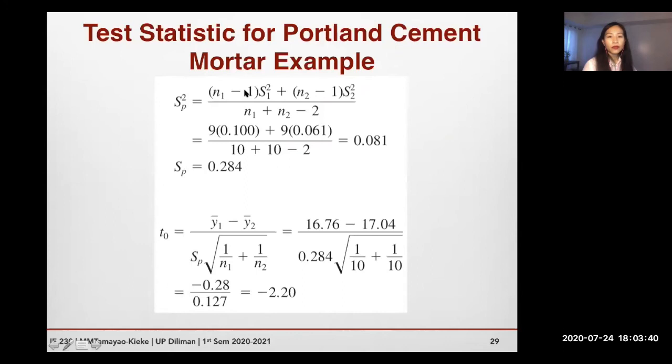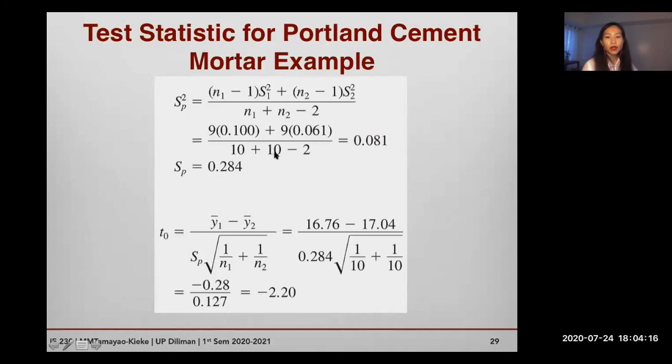Okay. So N1 and N2 are basically just the sample sizes for the two populations. So this would be 10 and 10. And we compute S1 squared and S2 squared, which are the variances of the two populations from the data. And this turned out to be 0.1 and 0.061. And we have here N1 plus N2 minus 2.